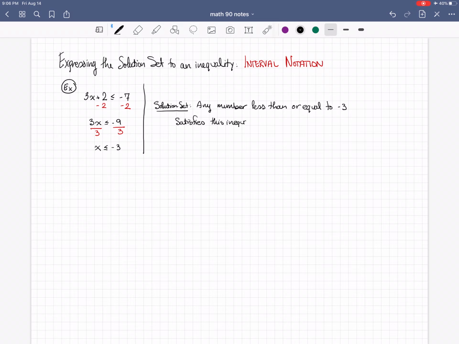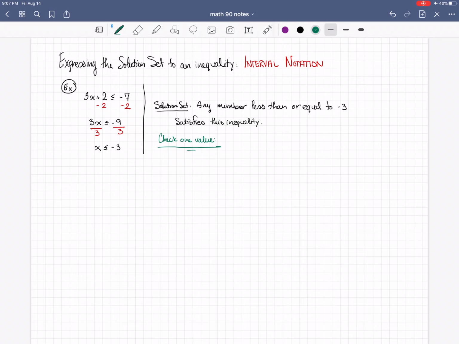One thing that I think it's good to do, and we haven't done it yet, is to actually see what that means. So for example, check 1 value. What I'm saying here is I can pick any value, -3 or smaller, and it should satisfy this inequality.